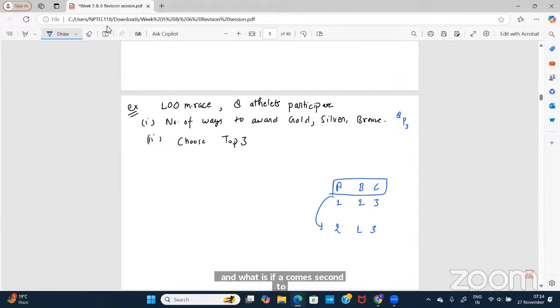That will be different, right? So order will matter here, so in the first case, we have to use permutation. And here we just have to select top 3. No matter whether A comes first or something, we are not giving them the positions, we are just selecting three out of 8, right? So it will be 8C3.